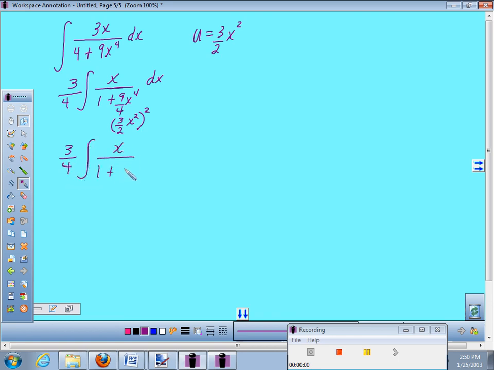So you now have turned this thing into 1 plus u squared. That's what you need. Now I got to get rid of the x. I can't have a mixture of variables. So how do I get rid of the x? Yes, I got to do the derivative of my substitution up here. So du is going to equal a nice little 3x. And then I'm going to divide it over to the other side.